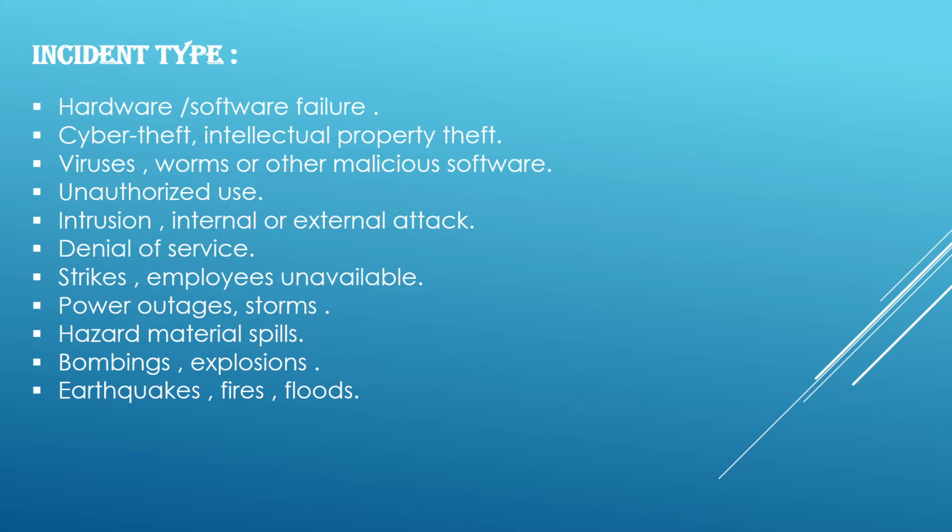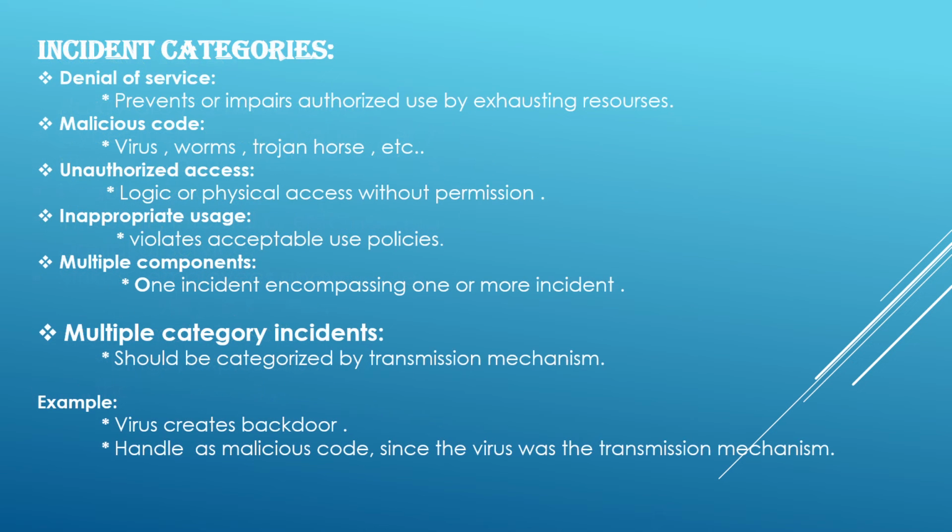Incident categories: denial of service, which prevents or impairs authorized use by exhausting resources; malicious code, such as viruses and worms; unauthorized access, logical or physical access without permission; and inappropriate usage, which violates acceptable use policies.